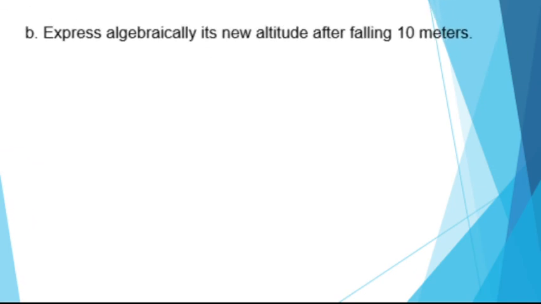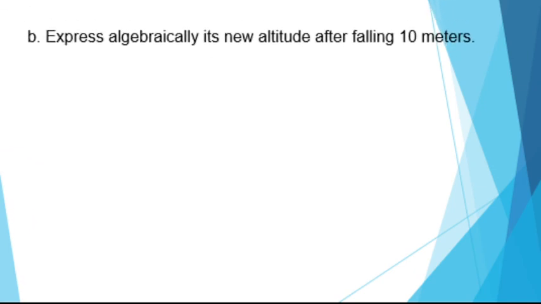Okay, another. If expressed algebraically, its new altitude after falling 10 meters. So we have the m in meters, and then falling meaning diminish, and of course, the falling is 10.